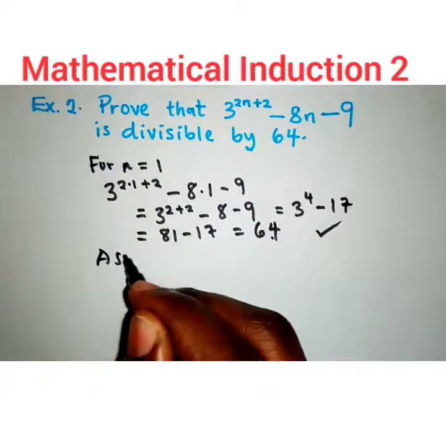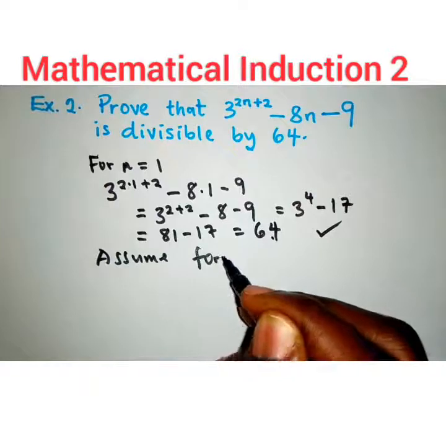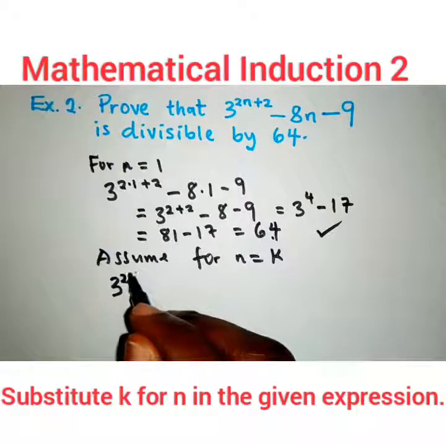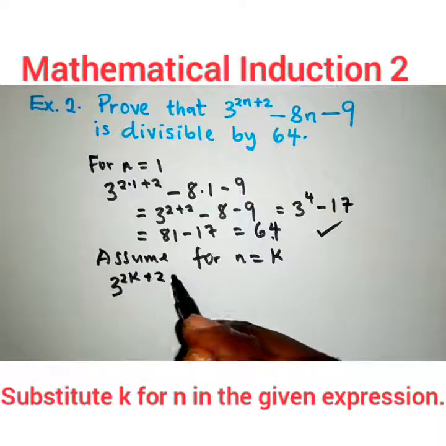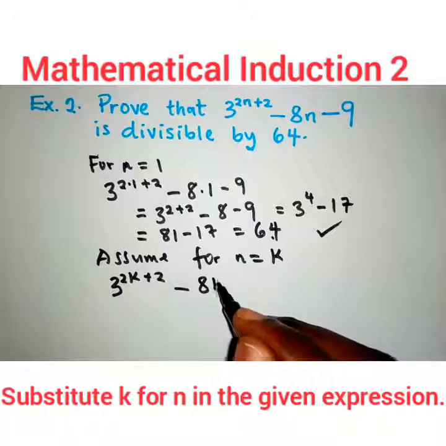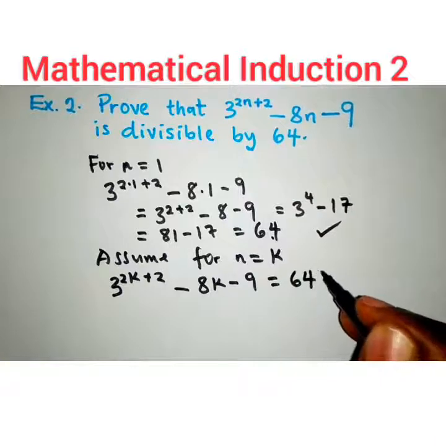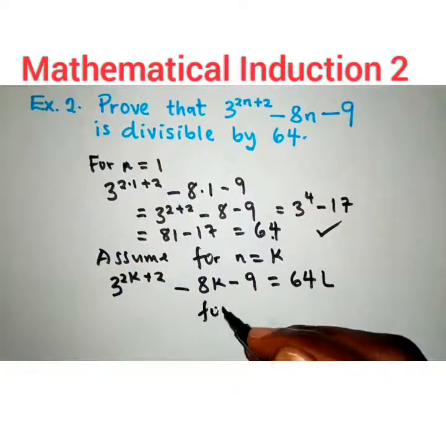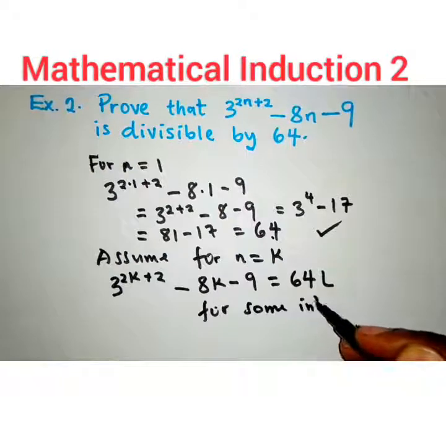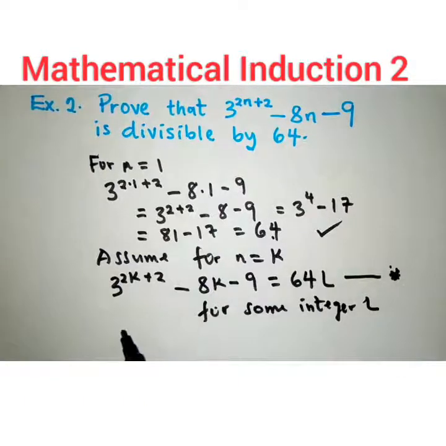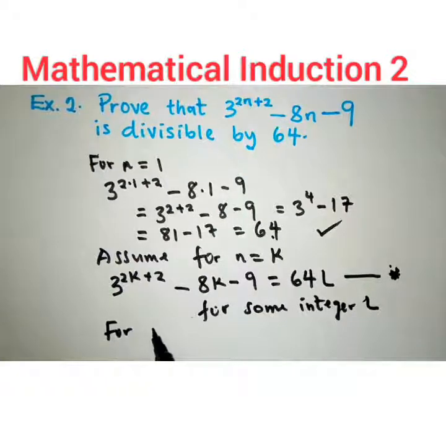Now we assume that it is true for n equals k, that is, 3 raised to power 2k plus 2 minus 8k minus 9 equals 64L for some integer L. Now we can call that equation star. Then we go ahead to show that it is true for n equals k plus 1.